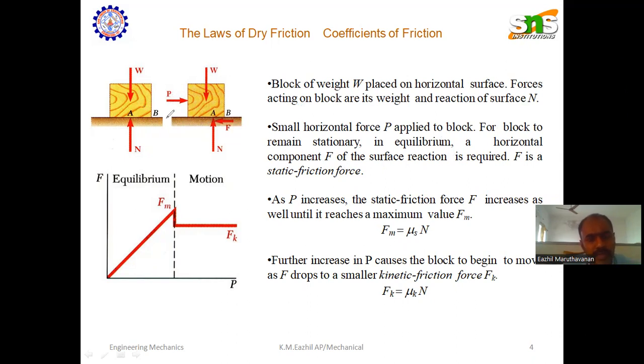When we keep on increasing the value of P, at one point the block will start to move. Further increase in P causes the block to move as F drops to a smaller kinetic friction. That is, Fm is equal to mu s into N, whereas the kinetic friction is Fk equal to mu k into N.